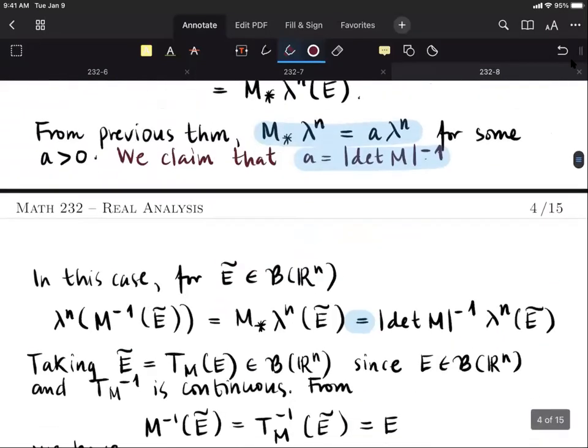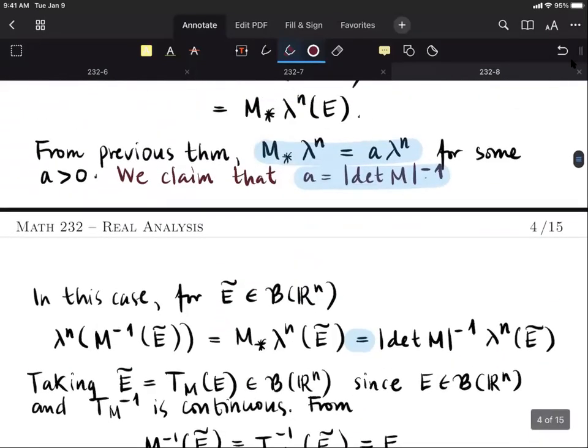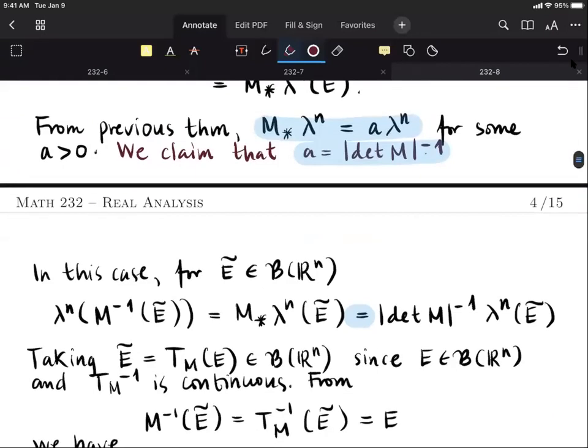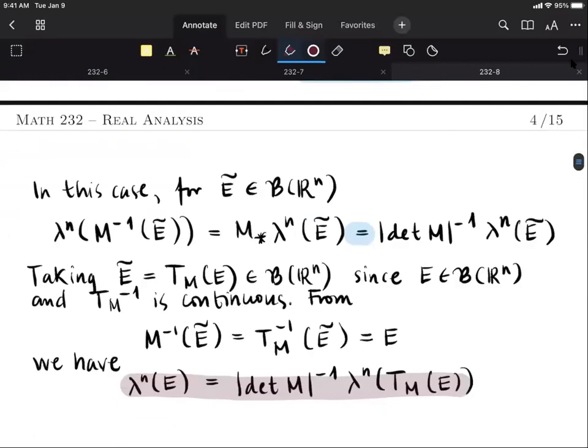Okay. So once the claim has been established, this paragraph here will complete the proof.